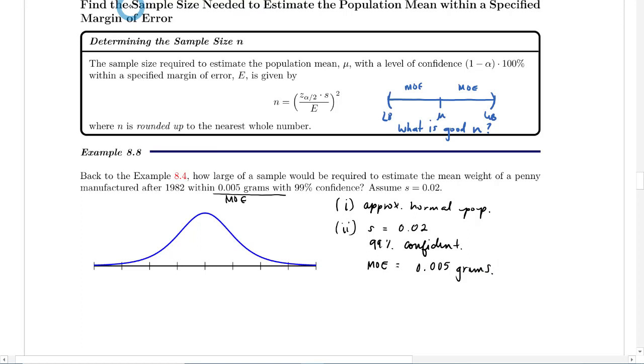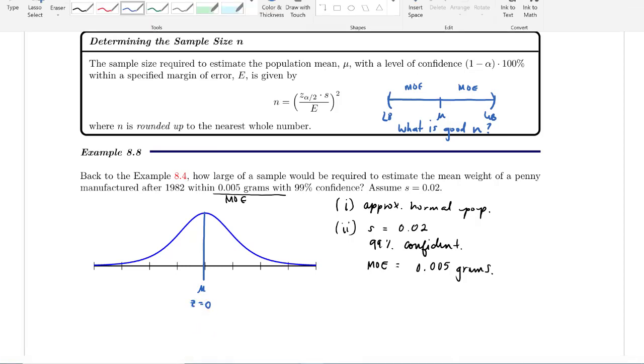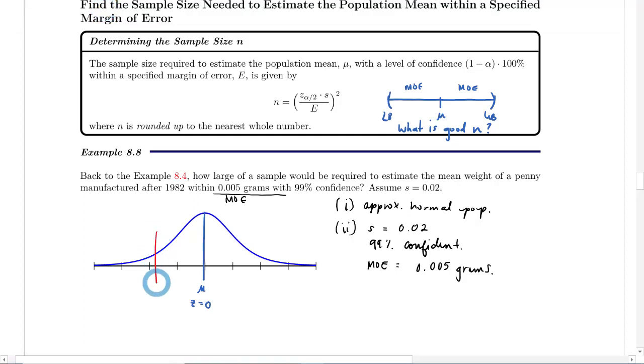So let me go ahead and draw what this looks like. So here's the middle, right? And there's the population mean. And remember at the population mean, our z-score is 0. 99%, right, is this middle 99%. Let me shade, right?